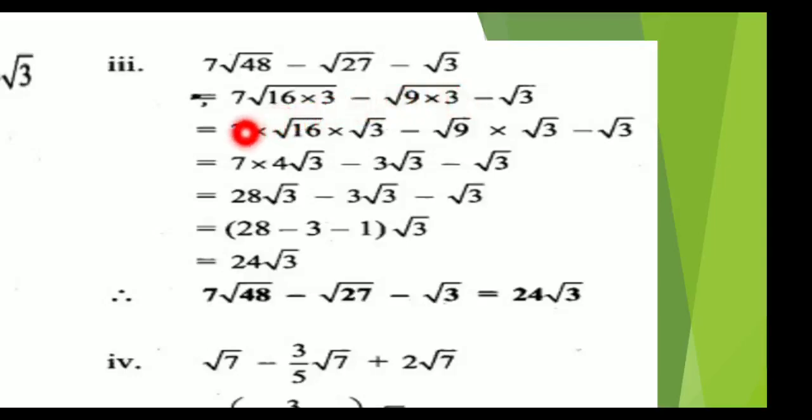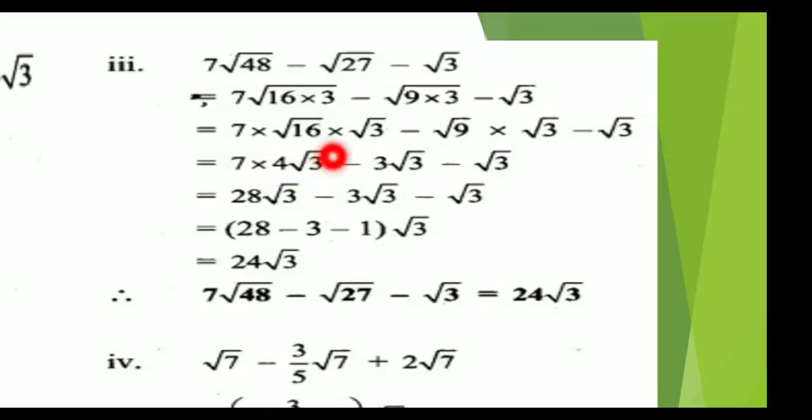Okay, so root 48, let us see the simplification of all the numbers. 7 root 48 can be written as 7 root of 16 multiply 3, minus root 27 can be written as 9 multiply 3. 9 3s are 27, right? Minus root 3.